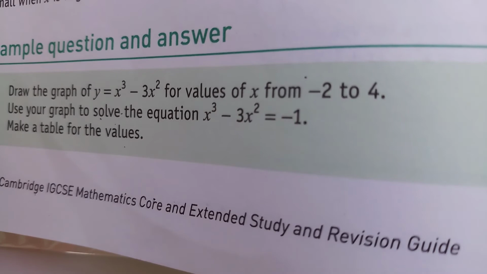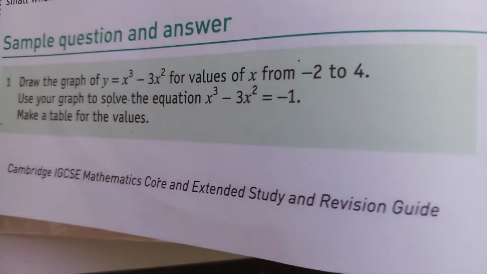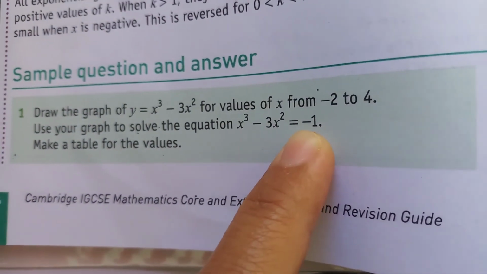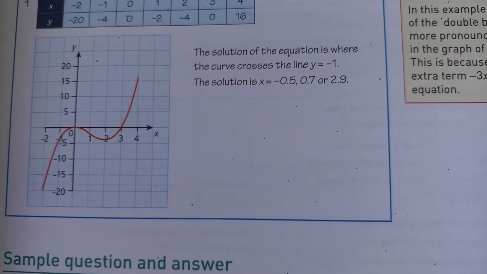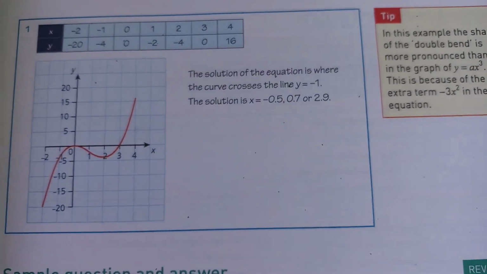From the previous lesson, we know that we need to sketch another line, which is y equals negative 1. So where is y equals negative 1 here?